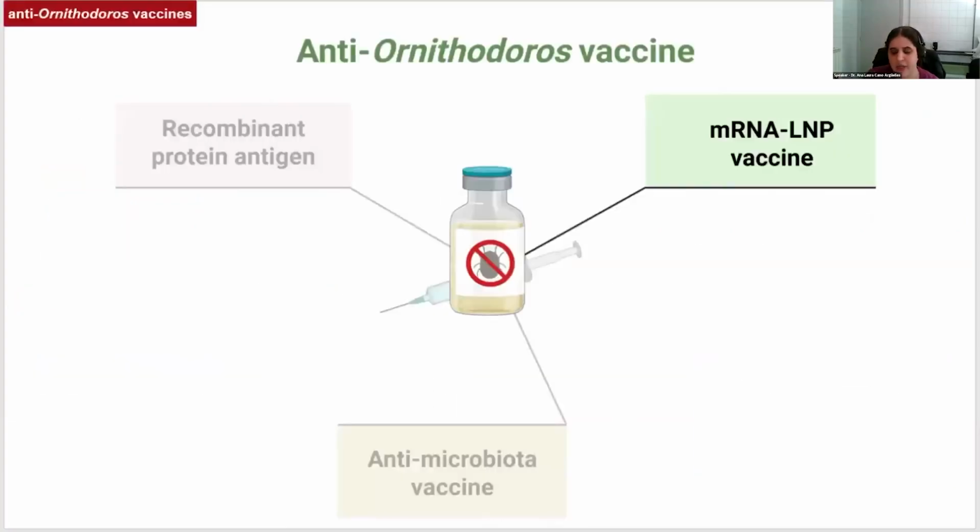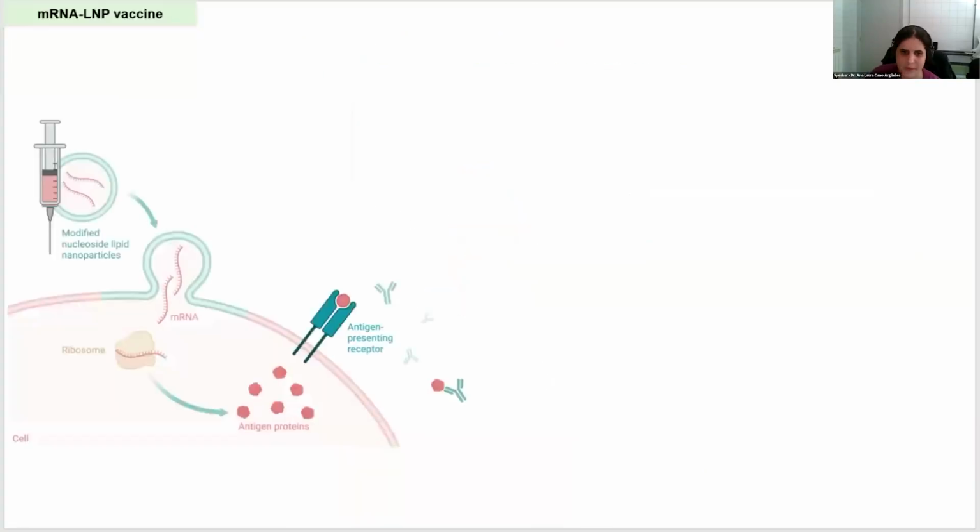Next, based on this result, we started to explore the mRNA vaccine platform. So just to remember how this works, the mRNA of the vaccine candidates is encapsulated in lipid nanoparticles.